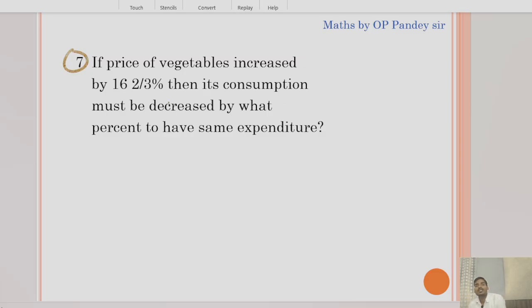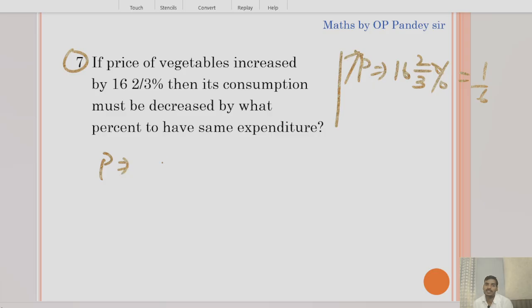If price of vegetable increases by 16 whole 2 divided by 3%. Again, price increased by how much? 16 whole 2 divided by 3%. This is 1 divided by 6. So if initial price is 6, then present price becomes 7. Quantity becomes 7 to 6.